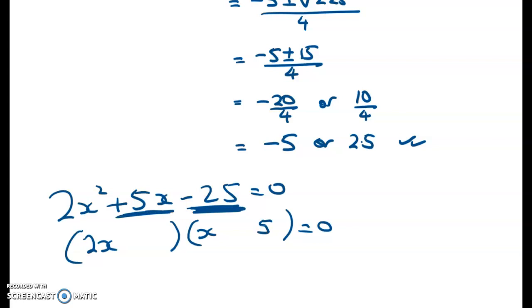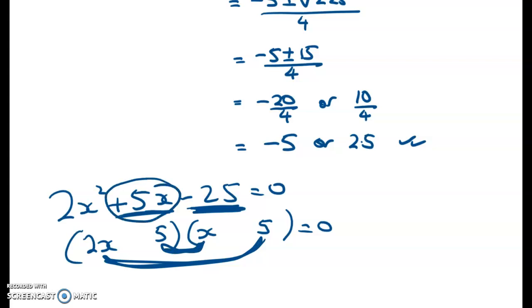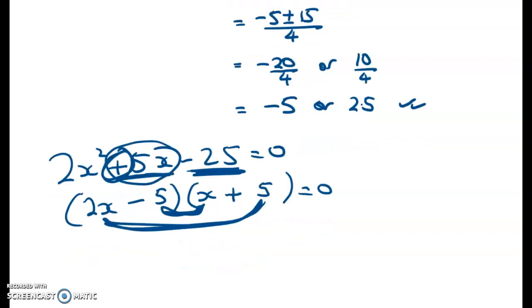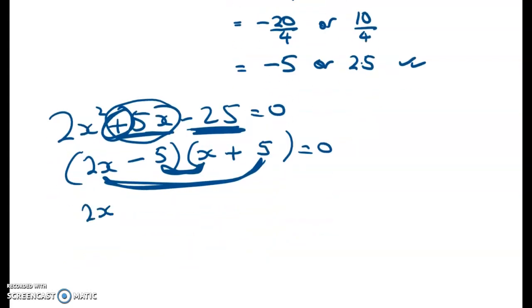So let's just try a 5 and a 5 and think about what we're going to have. Well, that bit there is going to give me 10x, and that bit's going to give me 5x. I want to have a plus 5x, so it's going to be plus 5 here and minus 5 here. Straight away we get 2x equals 5, or x equals negative 5. Right, so much faster if you're confident.